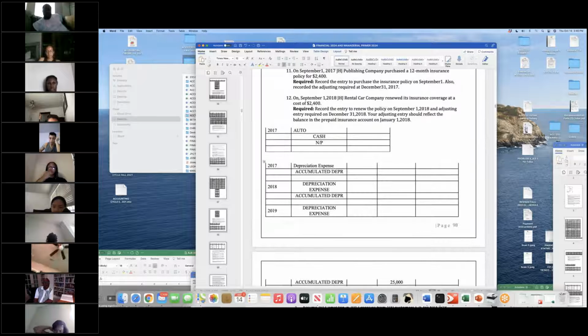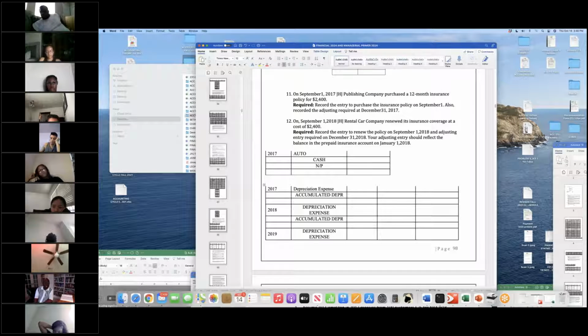So seems like we would have a journal entry where we debit auto for $100,000. We'd credit cash for $50,000, and we credit note payable for $50,000.